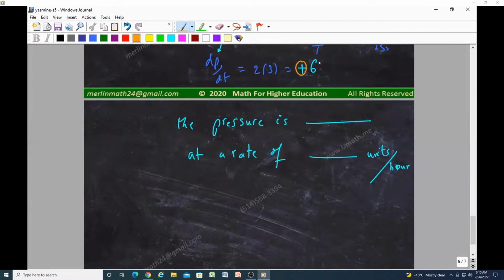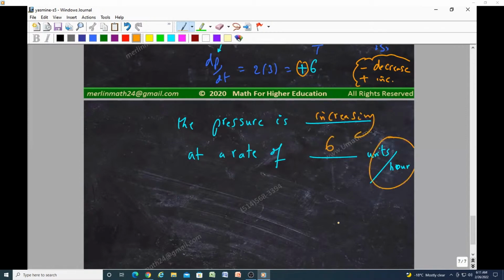Just remember, minus means decrease, plus means increase. In this context, because you should write the meaning of this 6. It's a rate, it designates a rate. So the pressure is increasing at a rate of 6 units per hour. That's it. This is a complete answer.